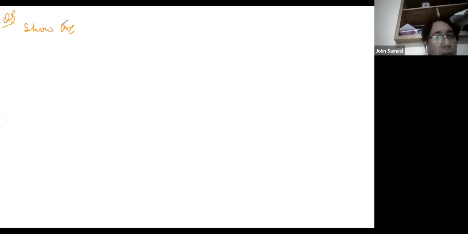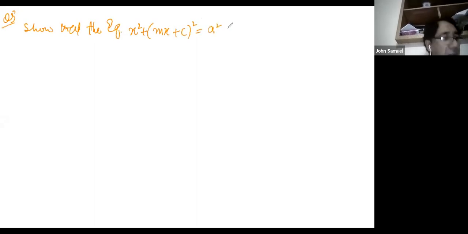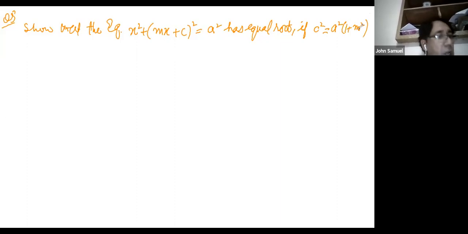Show that the equation (x square plus mx plus c) whole square is equal to a square has equal roots if c square is equal to a square times (1 plus m square). Look carefully, my dear students. According to this statement, this is what you have been given.